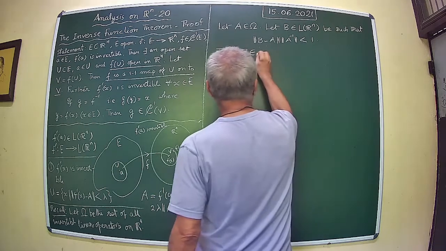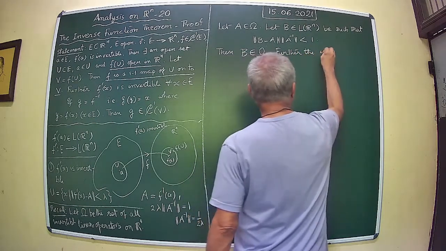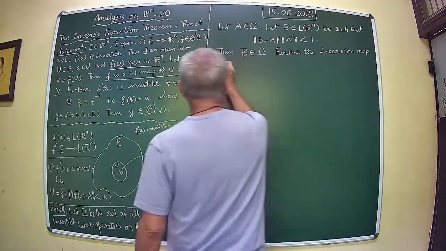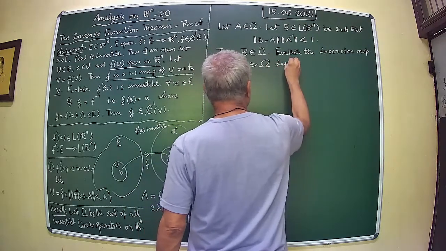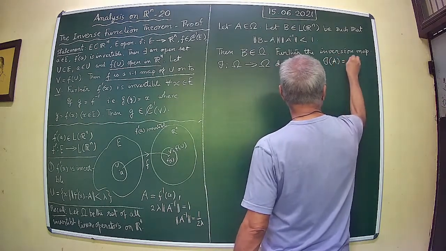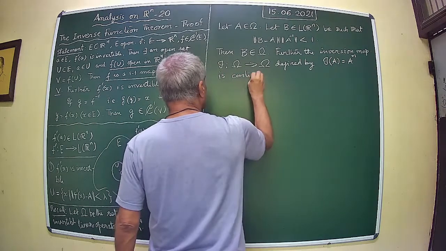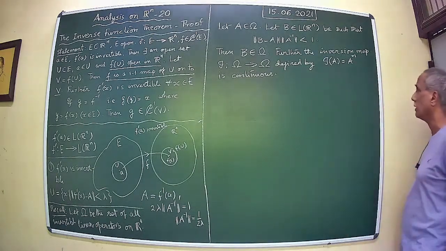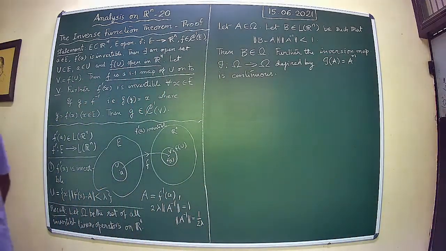Then B belongs to omega. Further, the inversion map I from omega to omega is a continuous map, which we will have to use later.